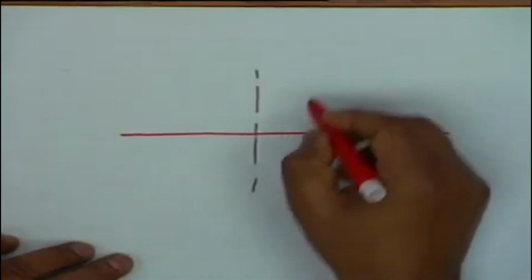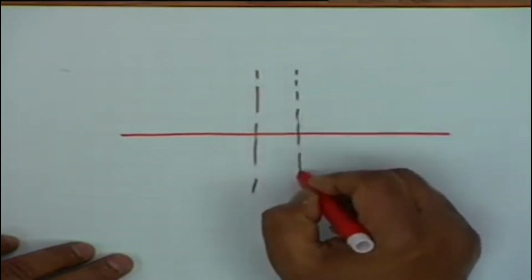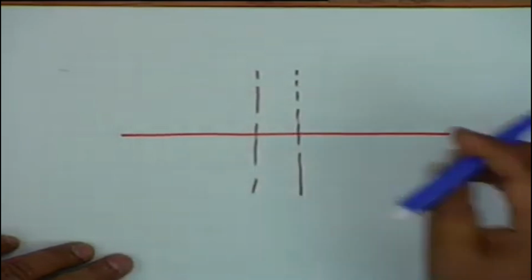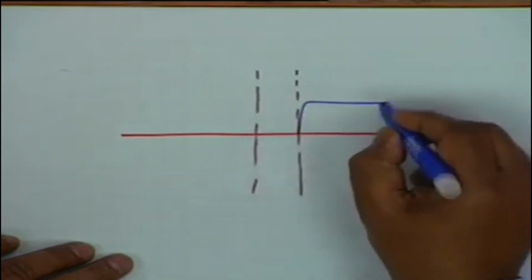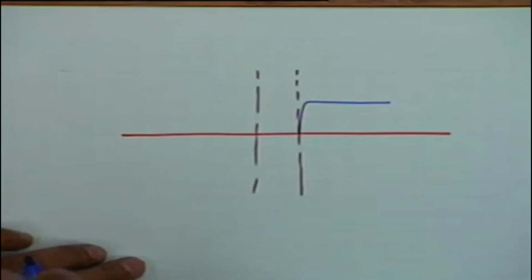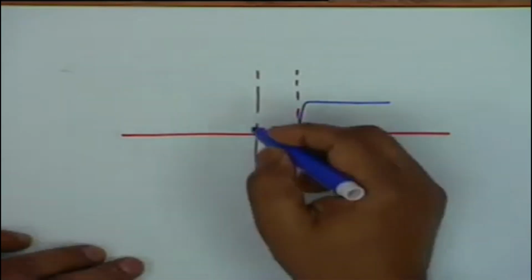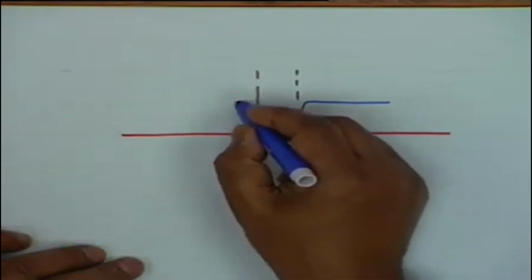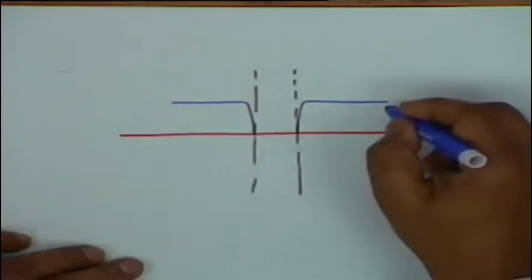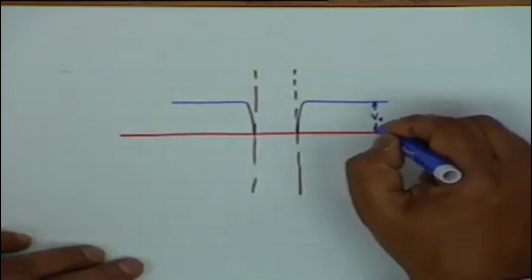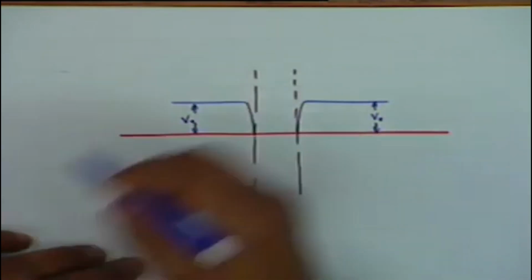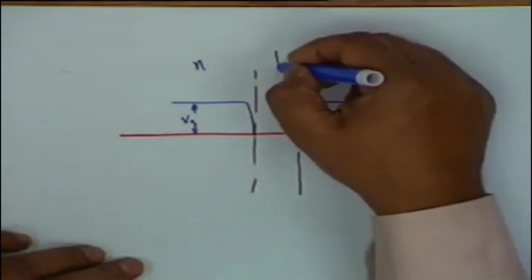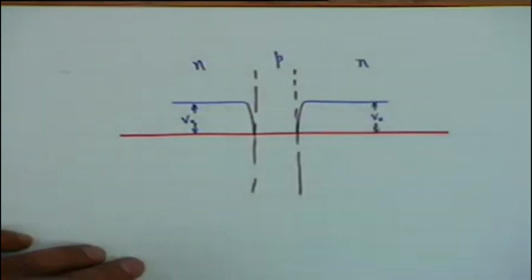Let us say this is one of the junctions and this is the other junction. Then there will be a junction potential or potential barrier at both the junctions, and when the transistor is open circuited, both of these will be of height, let's say V0. This is N, this is P, and this is N.